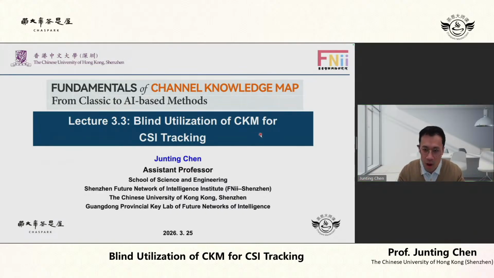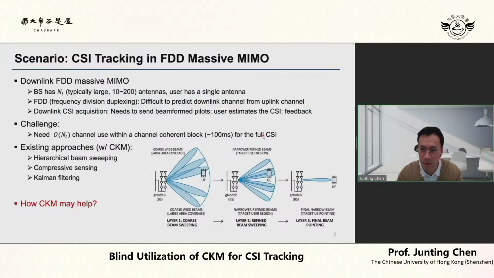For those who are working on CSI estimation and CSI tracking, you may already know that this is a sophisticated problem, so we need to discuss it case by case. Today we'll focus on a very specific scenario: CSI estimation and tracking in FDD massive MIMO systems. FDD refers to frequency division duplexing for uplink and downlink.